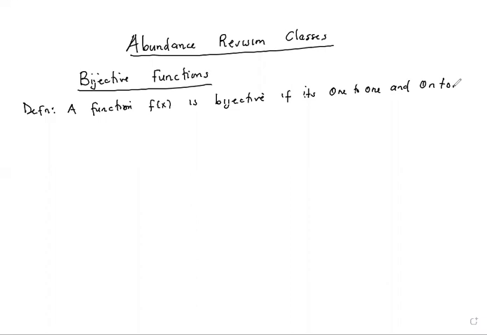Okay, so a function f of x is bijective if it's one-to-one and onto. If it is injective and surjective.